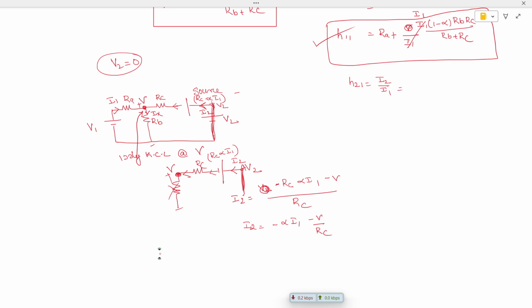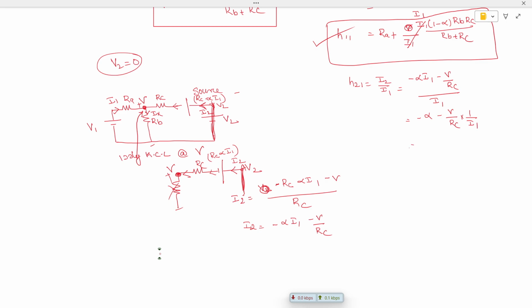So therefore, we are going to have I2 by I1 is minus alpha I1 minus V by RC totally divided by I1. So what we are going to get is minus alpha minus V by RC I1.